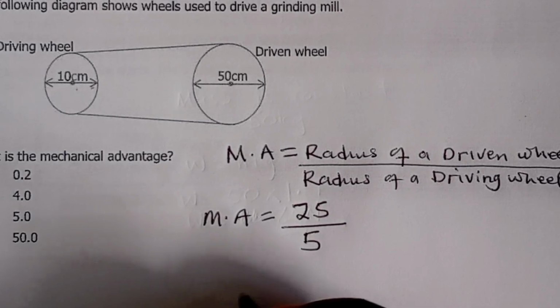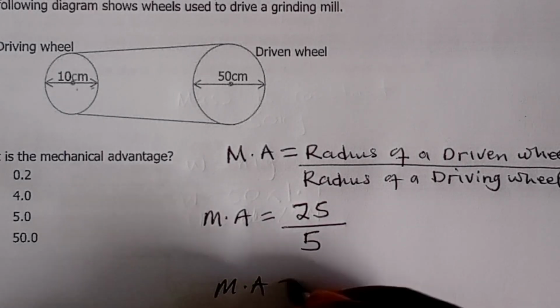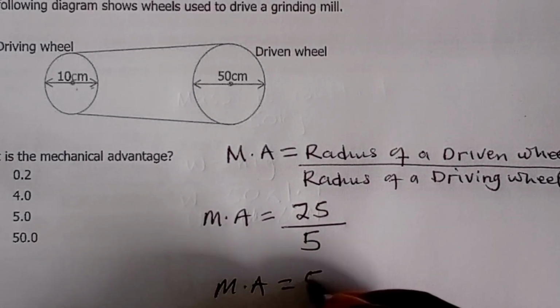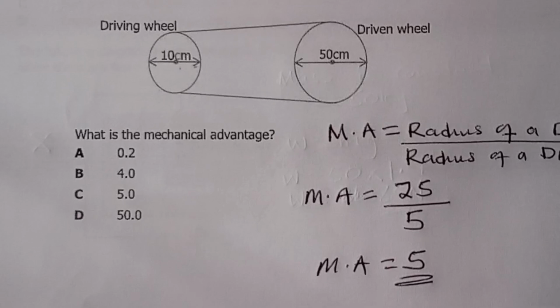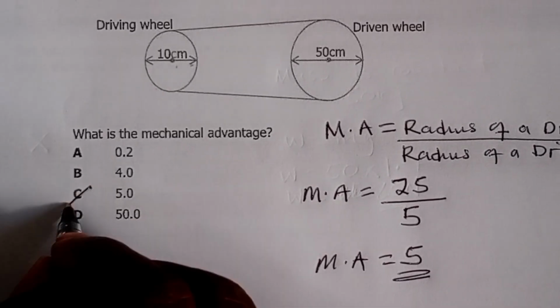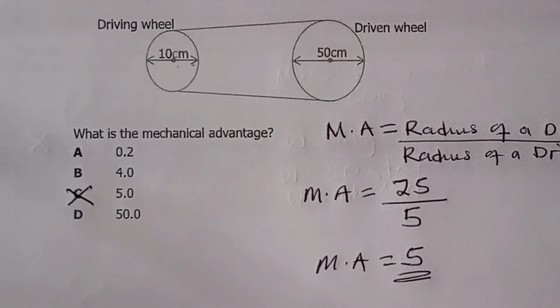So there we can say mechanical advantage is equal to 25 over 5, it is 5. Remember, it is a ratio, so it has no unit. If you want, you can say diameter of a driven wheel divided by diameter of a driving wheel. The answer is just the same. So there, the answer is C.